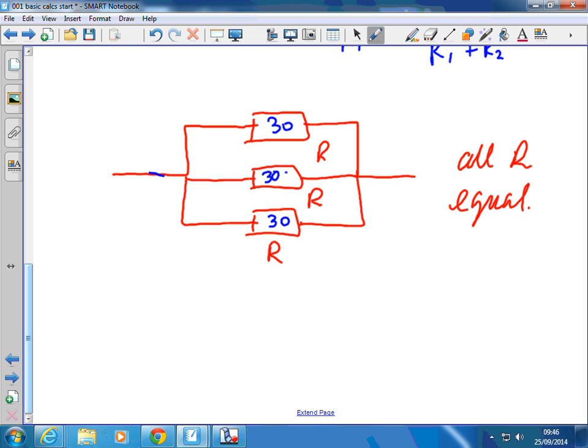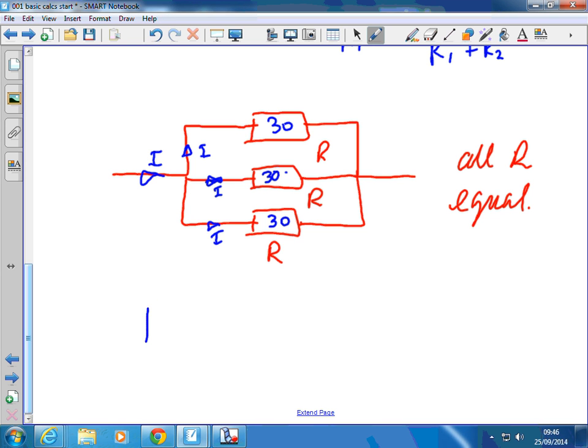We've got a current flowing here, I, and it's split into three currents, 1, 2 and 3, there, and those three paths are all equal. So the overall resistance to that current must be a third of what it was if we only had one resistor there. It's got three different directions of equal ease to travel through.